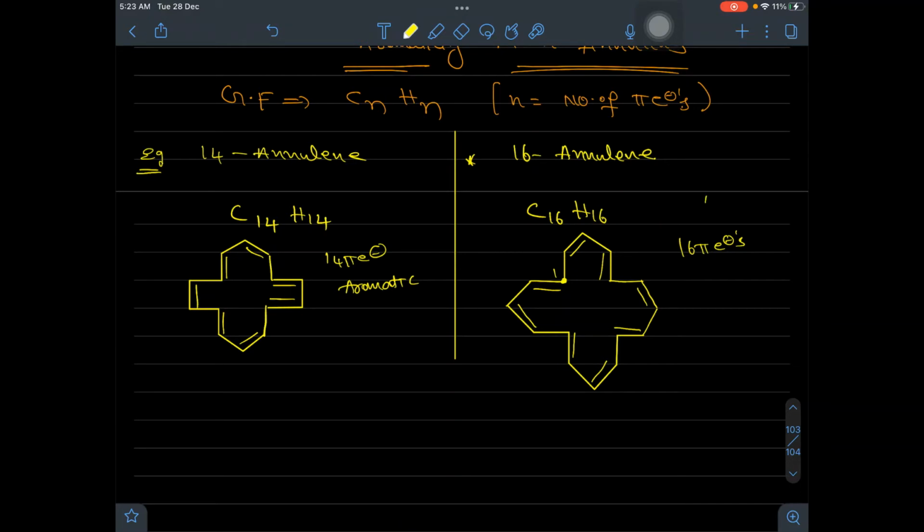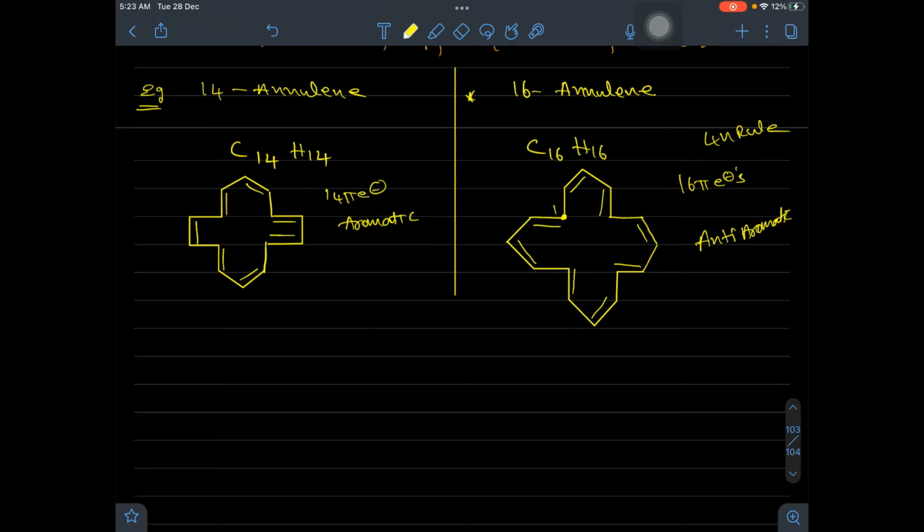16 pi electrons means 4n rule, which comes under anti-aromatic. Similarly, [18]annulene. The molecular formula of [18]annulene is C18H18.